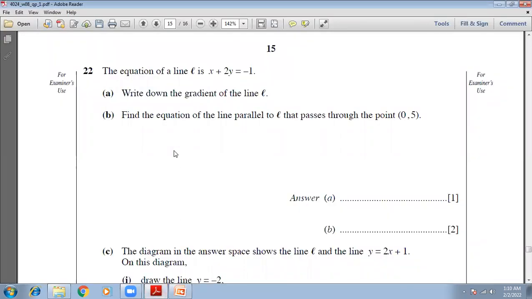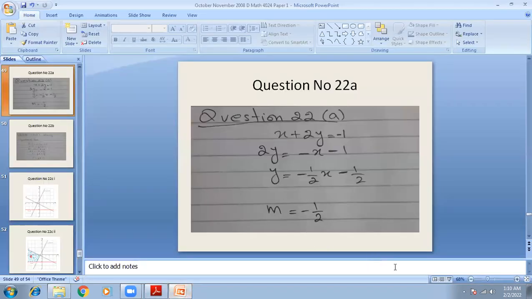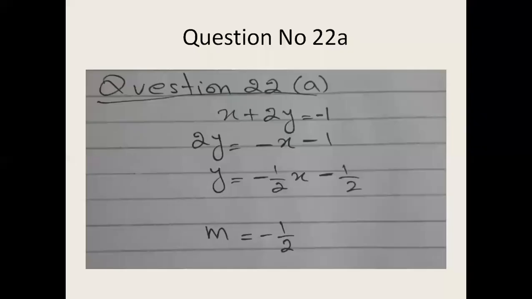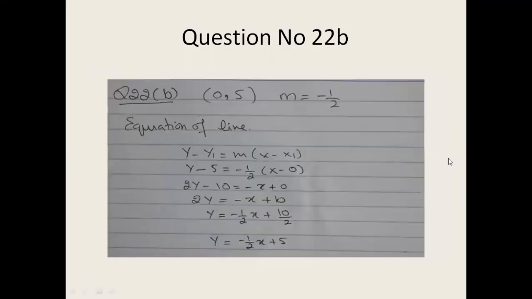Then he says find the equation of the line parallel to the line L that passes through the point 0, 5. So very simple, it's a B part, question number 22, B part. So 0, 5, because its gradient is also equals to the gradient of that previous line.